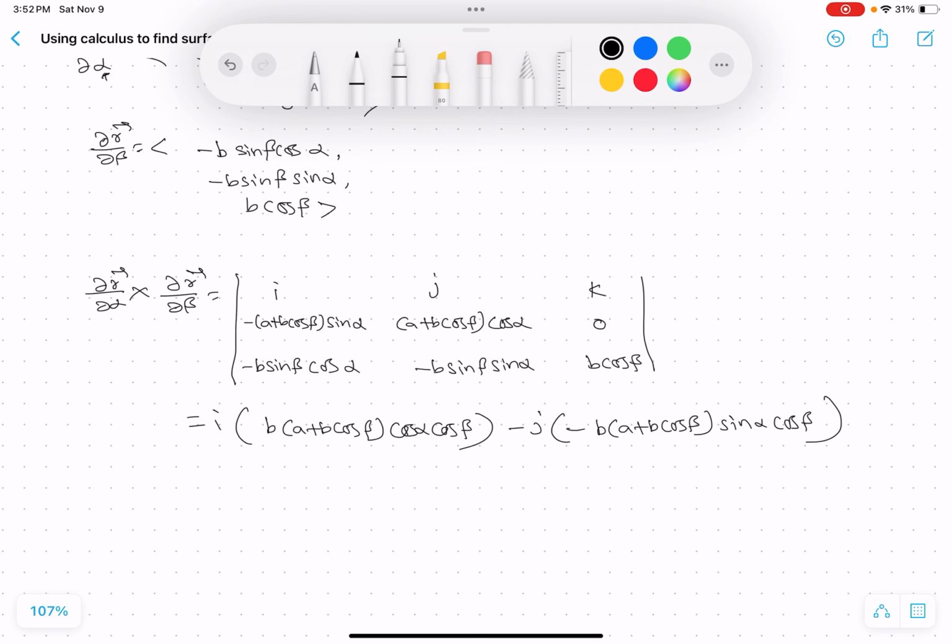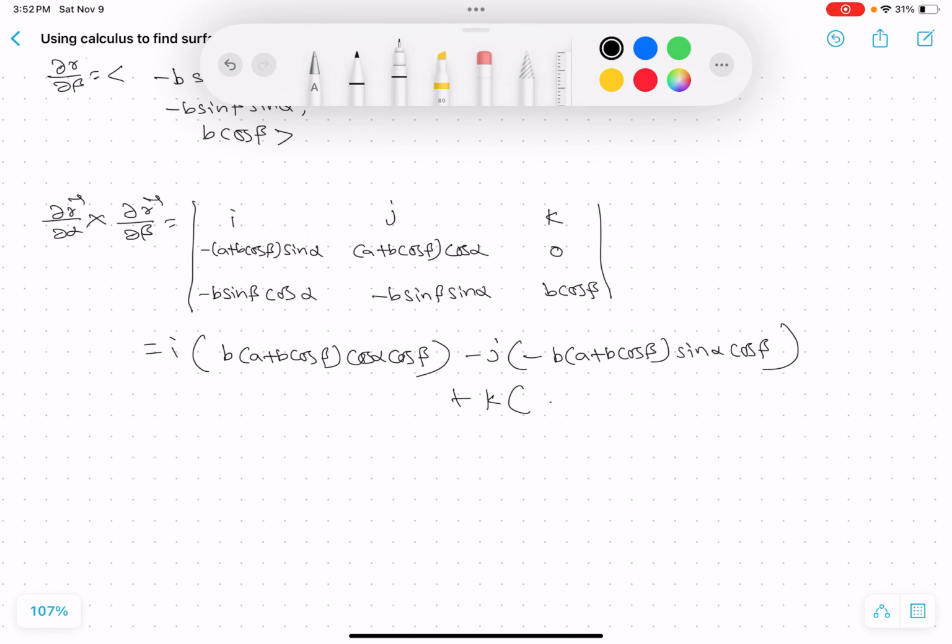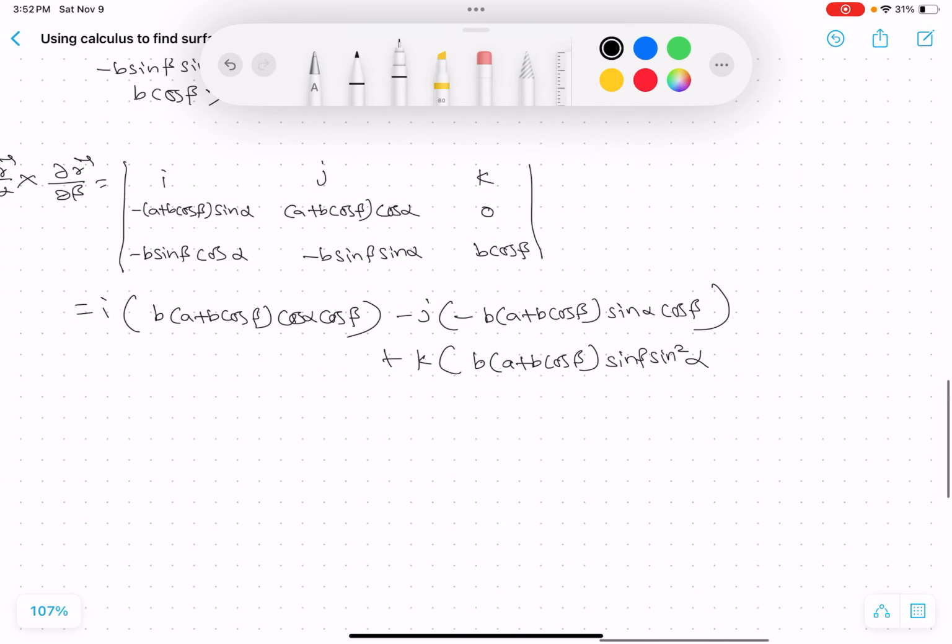Yeah. And then k times b times a plus b cos beta sine square alpha, and then plus b times a plus b cos beta sine beta cos square alpha.